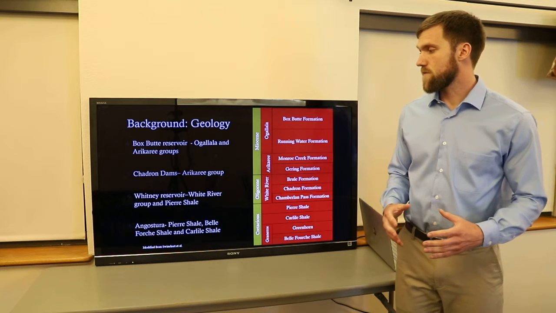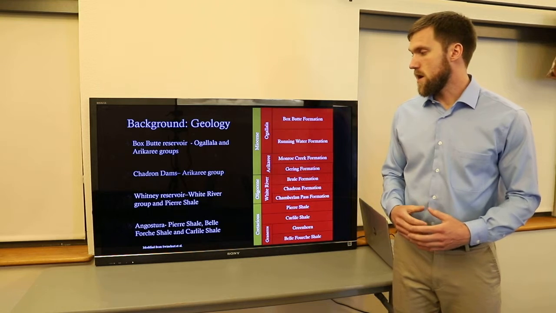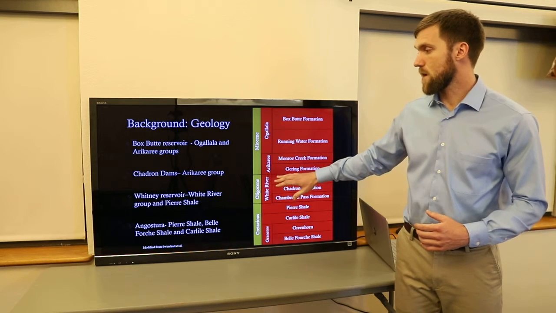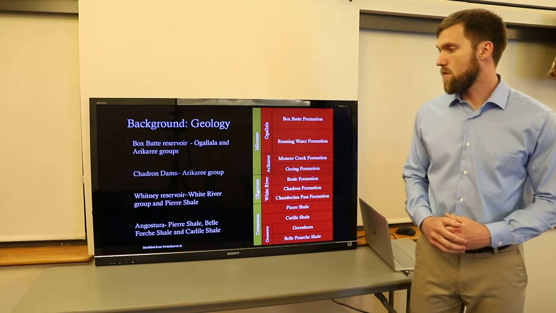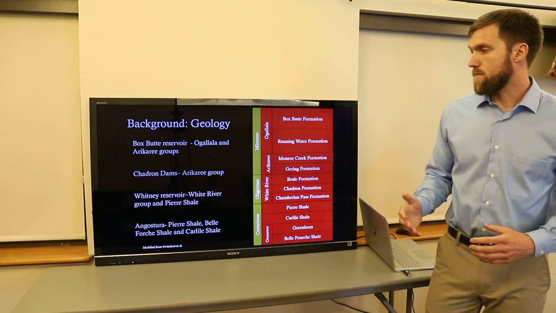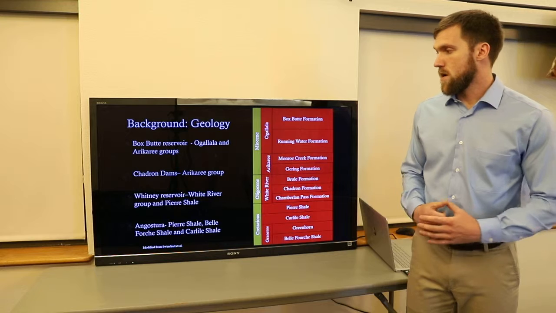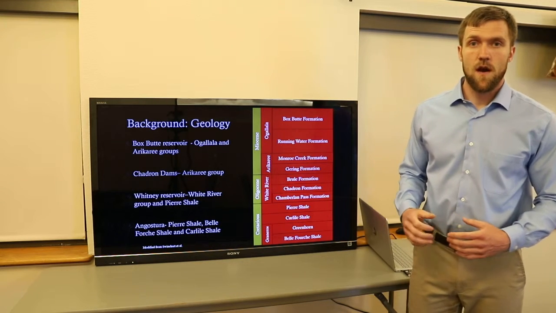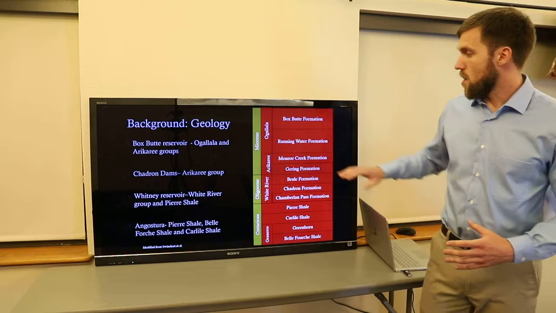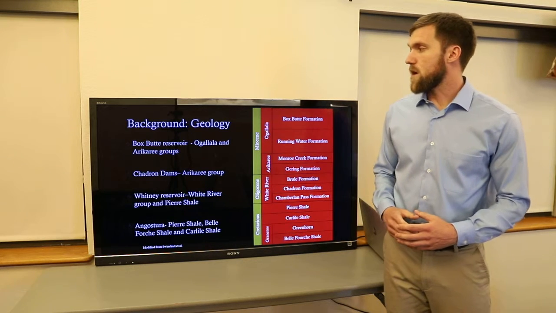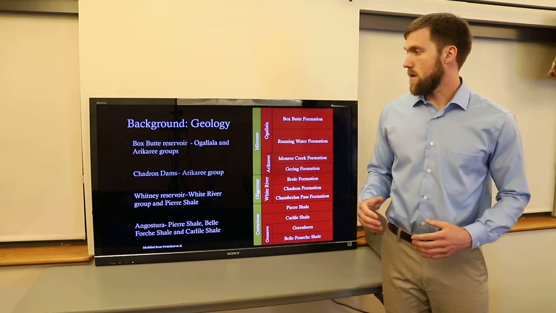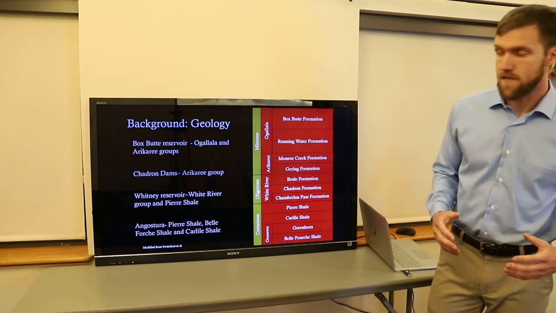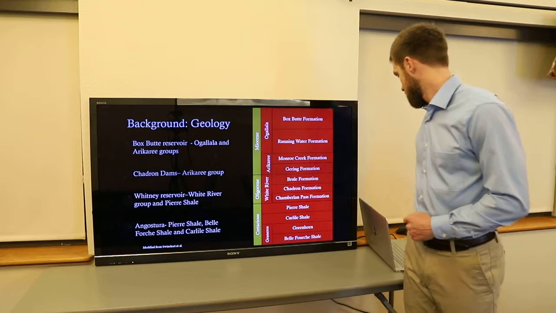The reservoir itself sits in Belle Fourche and Carlile Shale. A little bit younger, we have Whitney Reservoir, which lies in Pierre Shale, and the White River flows through the White River group. The Chadron Dams primarily are affected by Rickery, and then Box Butte Reservoir flows through Ogallala, and then the reservoir itself sits in the Rickery Formation.